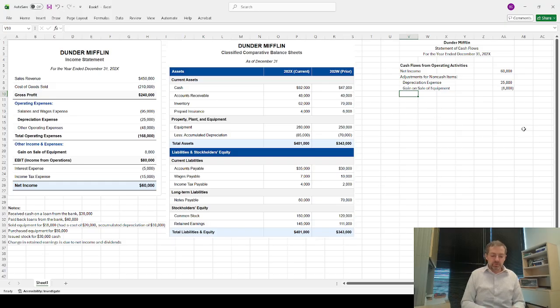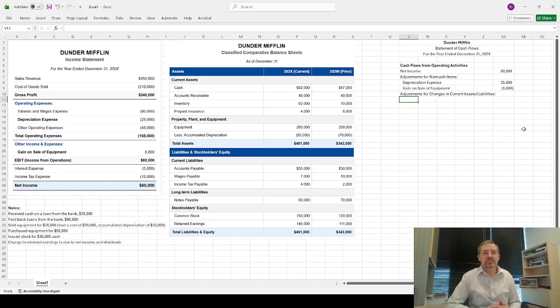All right, now we have adjustments for changes in current assets and current liabilities. And you could see different labels for this as well.